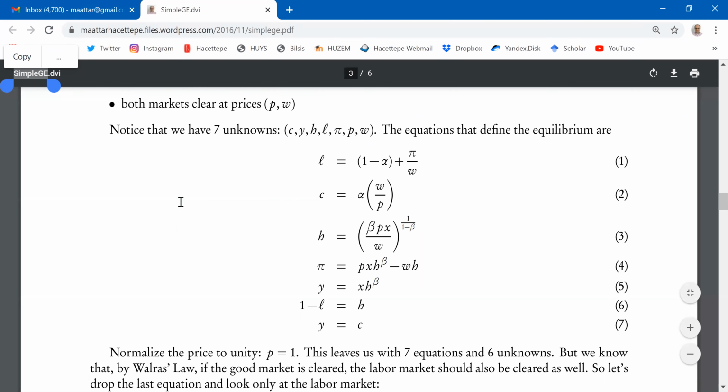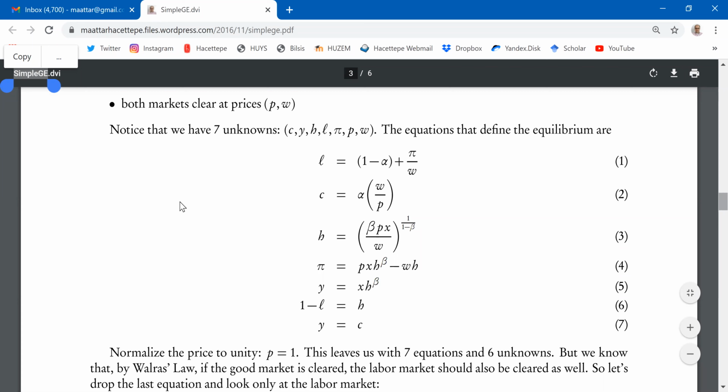We already defined consumption as a function of real wage. Then we have labor defined in this way. We have profit, we have output, we also have a labor market clearing equation, and we have output market clearing, the goods market clearing.